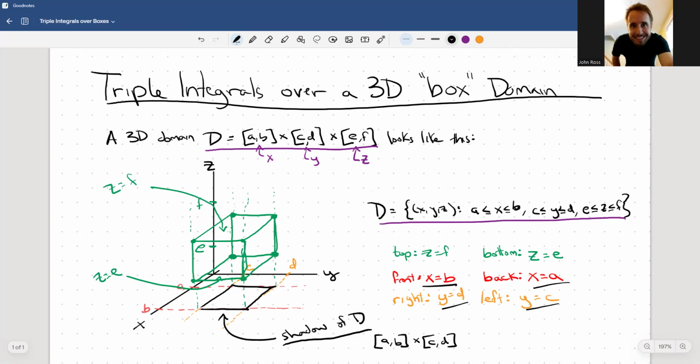So down the road, we will want to pay more attention not only to our 3D shape, but what shadow the 3D shape projects down onto the two-dimensional XY plane.